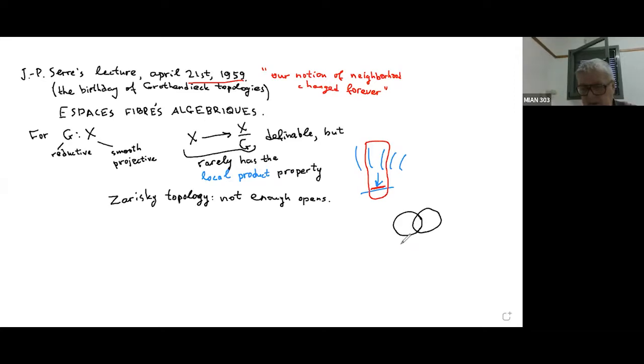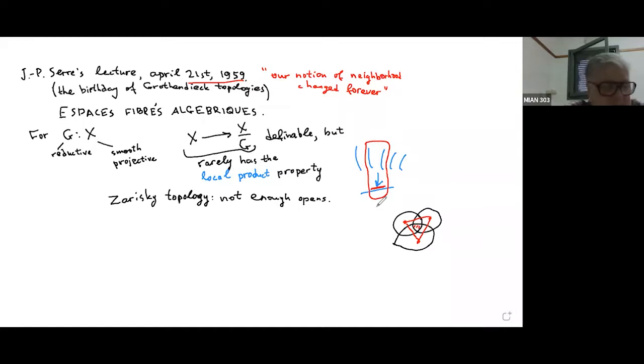If I remind what a nerve is, it is something like that. The Zariski opens are too big, all of them intersect, and therefore the nerves that are the basis of Čech cohomology theory are all standard simplices.